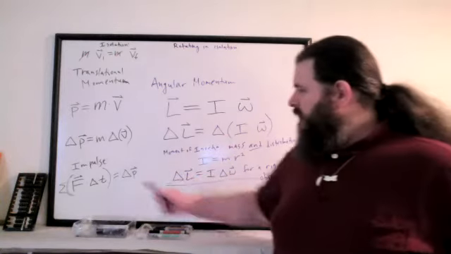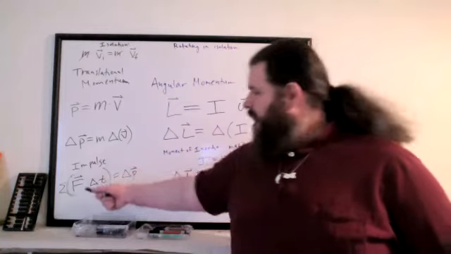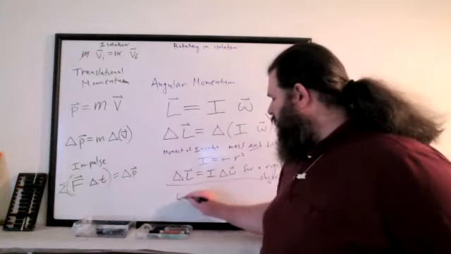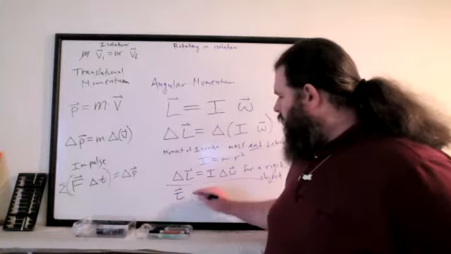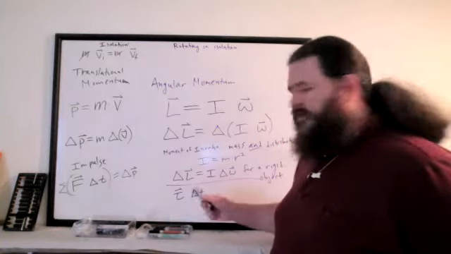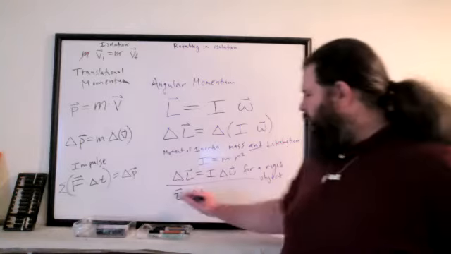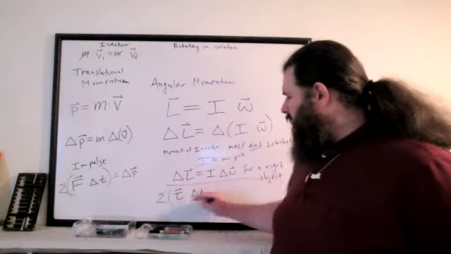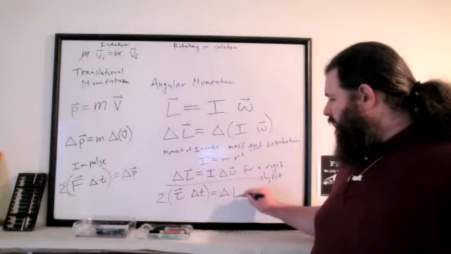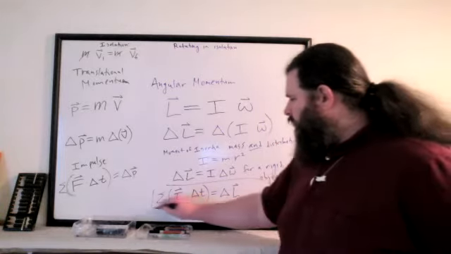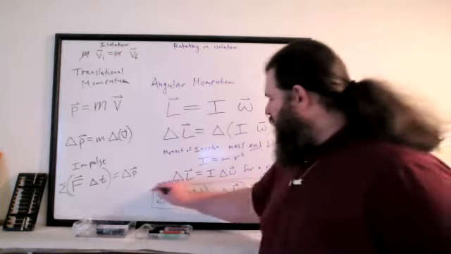If you want to look at the rotational version of impulse, instead of force, we'd have torque, because torque is the rotational version of force. So torque times time is our rotational impulse. If you add together all of the bits of torque times time, you get the change in angular momentum. So this is the rotational version of impulse.